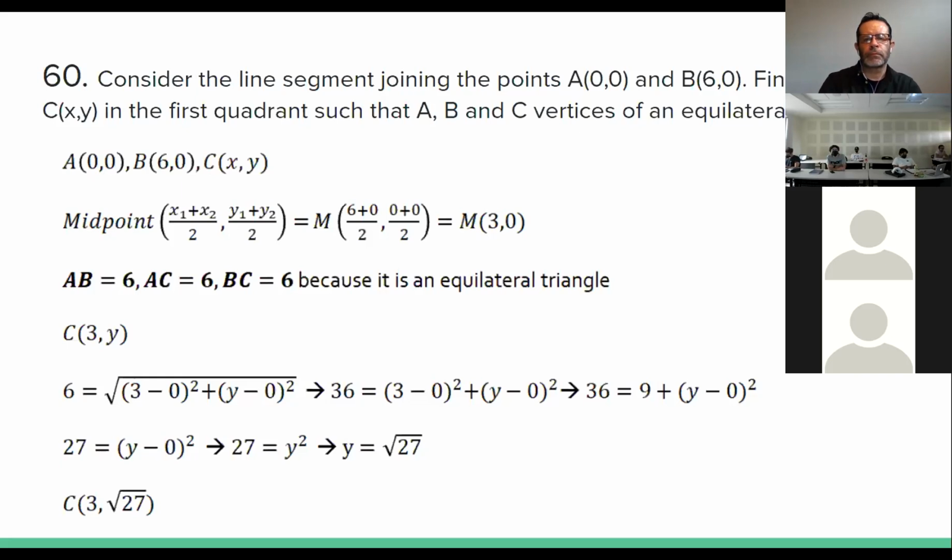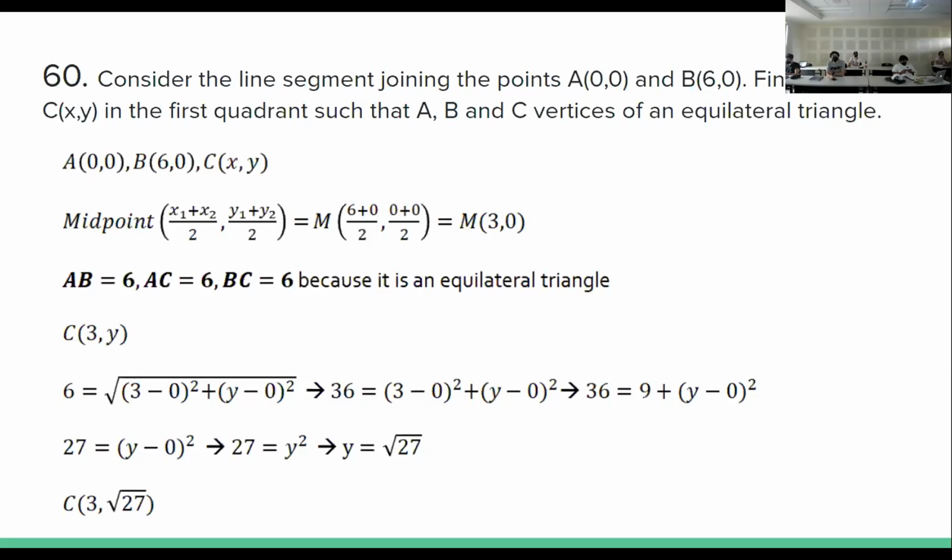We know the coordinates of A are 0, 0 and B are 6, 0, but we don't know the coordinates of C. We know that the top vertex of an equilateral triangle is exactly in the middle of the two vertices in the base of the triangle. So using the midpoint formula, we get that the midpoint is 3, 0. So we now have the x coordinate of the C point.